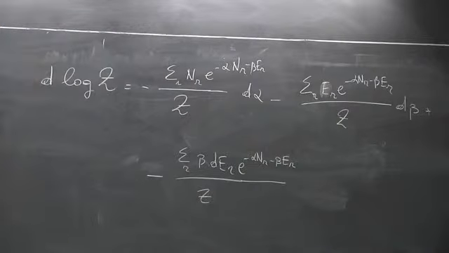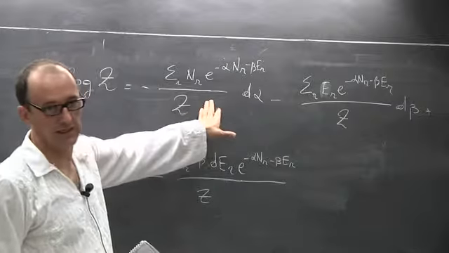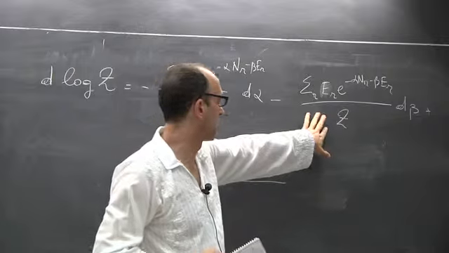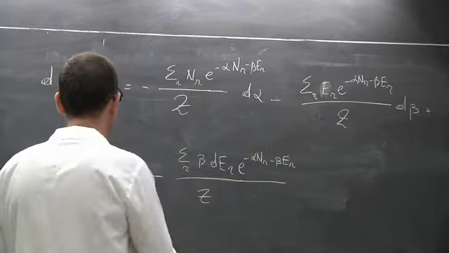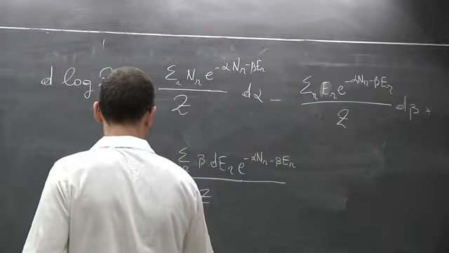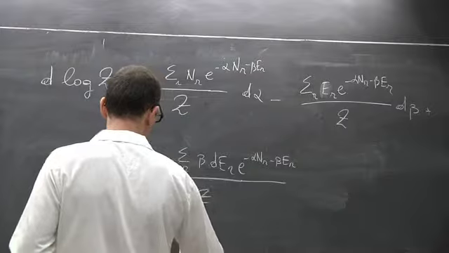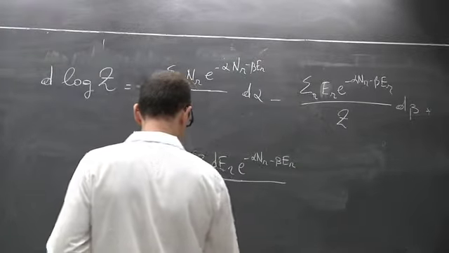Okay, so there are these three terms, which I can rewrite in the following way. This is clearly the average number of particles. This is the average energy. So the first terms are minus the average number of particles times d alpha minus the average energy times d beta.